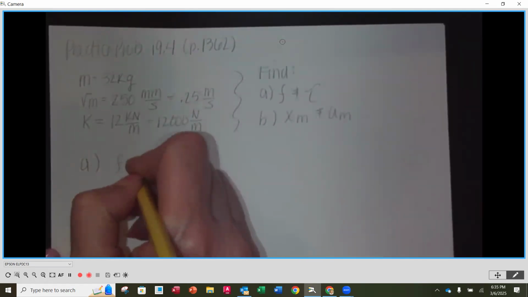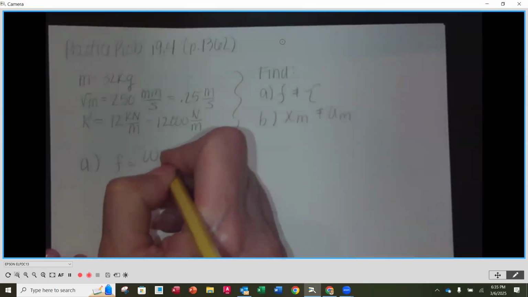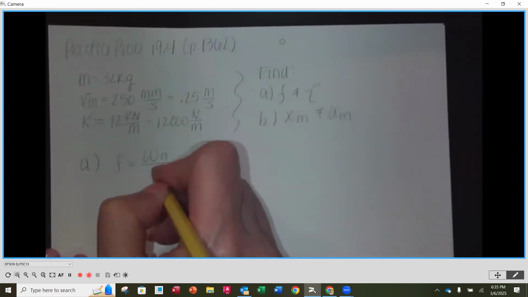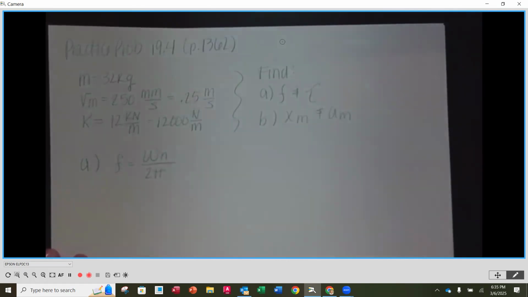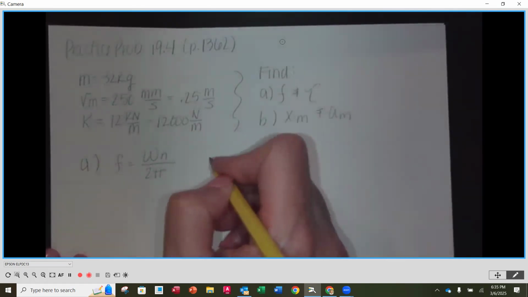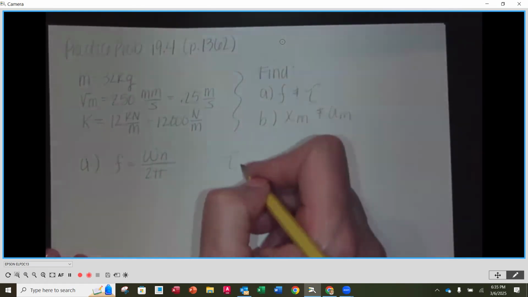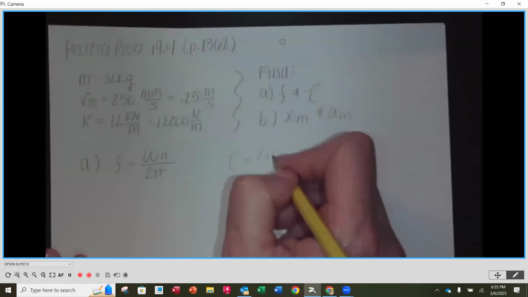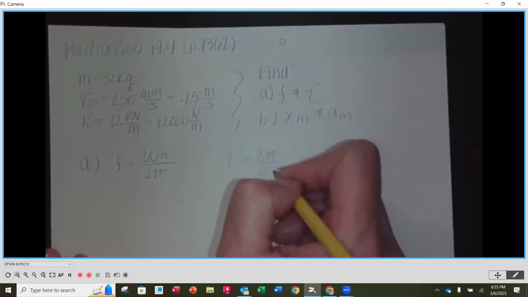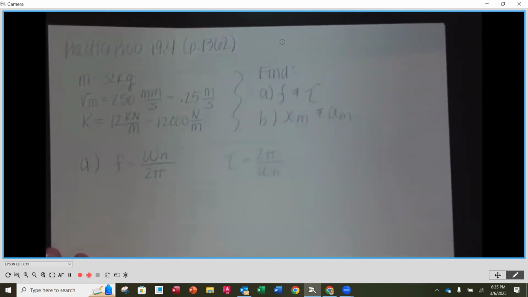We know the frequency is equal to our natural circular frequency divided by 2 pi, and the period is equal to 2 pi over the natural circular frequency. So we need to calculate that natural circular frequency first.